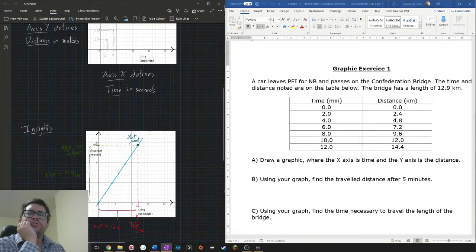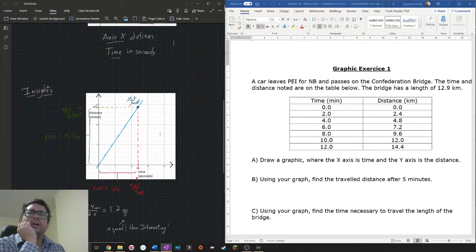So first we're going to draw a line to link our points. They all fall on the line. That's really interesting. Not only does it say that the object was going at constant speed because the line doesn't change, but it also means that whoever did the experiment did a very good job at taking data.